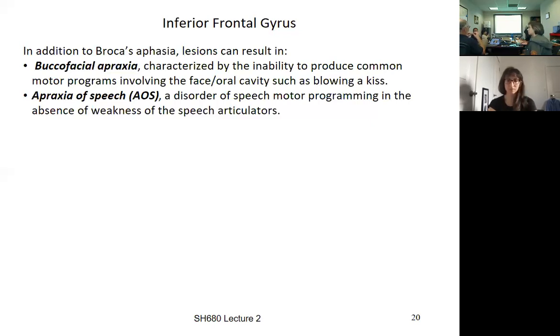And so we'll think of it as damage to the regions that are either generating motor programs, or choosing the motor programs, or where the motor programs themselves are represented. Now, speech scientists have moved toward a definition of apraxia of speech where the articulation has to be impaired when you produce speech.